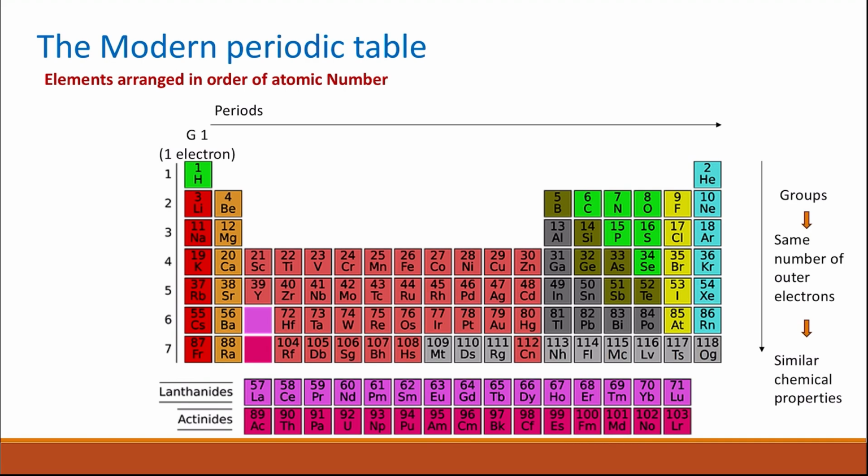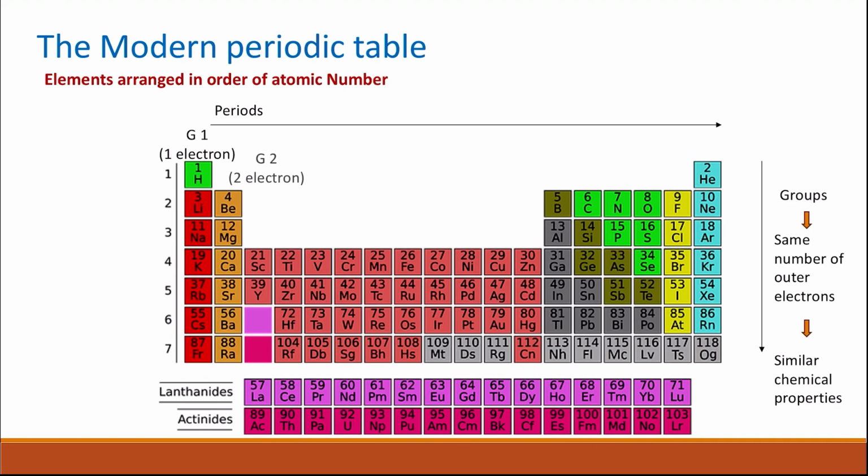This is group 1. All of these elements have only one electron in their outer shell. They have similar chemical properties because all of these elements tend to lose this one electron from their outer shell to give positively charged ions. So they behave similarly and they have similar chemical properties.